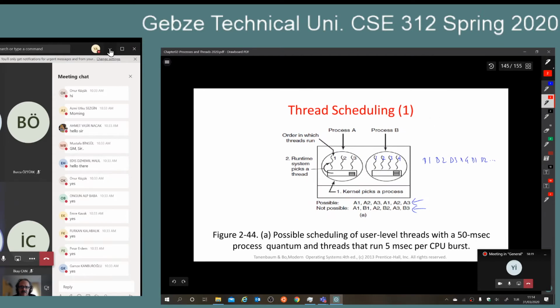Okay, so good. But of course, the advantage of user level threading is that it is much faster. Why? Because I don't have to go to the kernel and come back again. Everything is handled in the user space, so there is no context switching in the classical case. So those are the nice things.